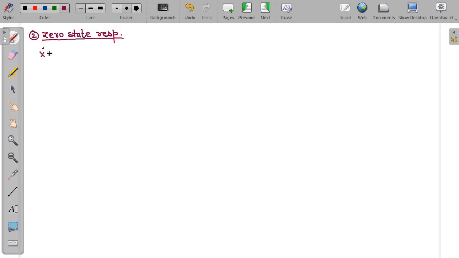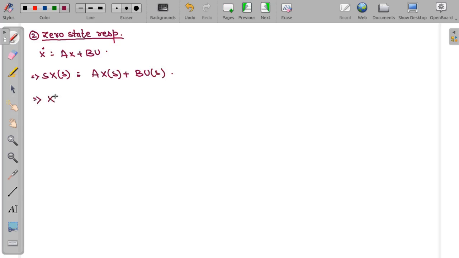So x dot is equal to Ax plus Bu. If you take the Laplace transform, this will be sX(s) minus x of 0. As the states are 0, we are not going to write it. So this will be AX(s) plus BU(s).